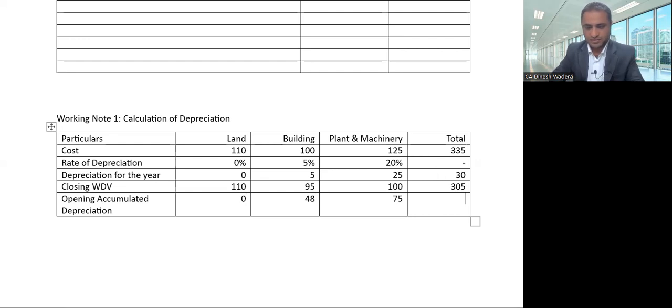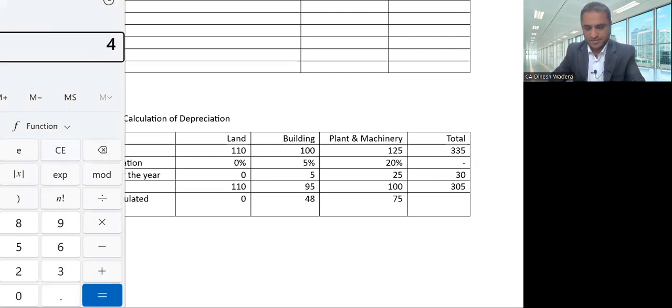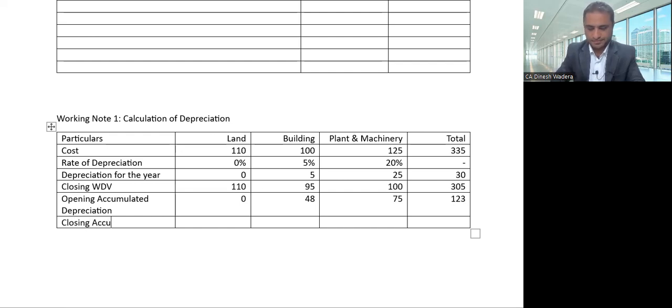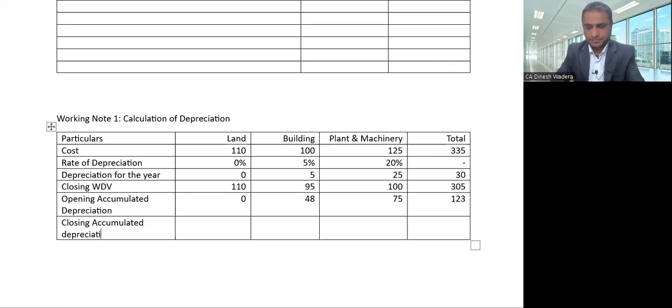So let's make a calculation again. 48 plus 75, 123. So we will have now closing accumulated depreciation. You can write with me, which will be the opening plus depreciation for the current period, 48 plus 5.